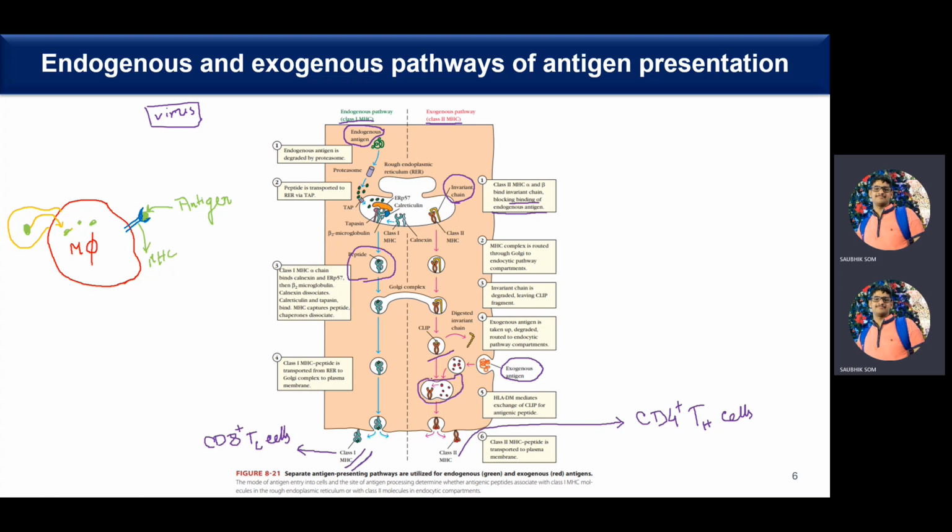The fusion of the vesicles makes it such that the exogenous antigen as well as the MHC are present now in the same compartment. Now these both are sent to the surface of the cells to present the antigen with the MHC class 2 pathway.